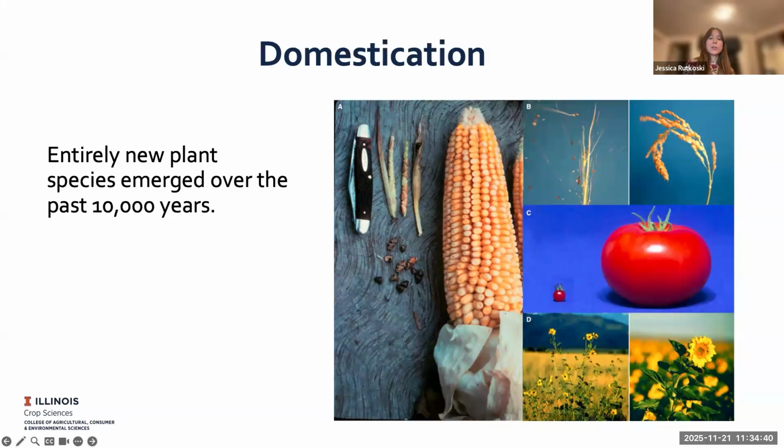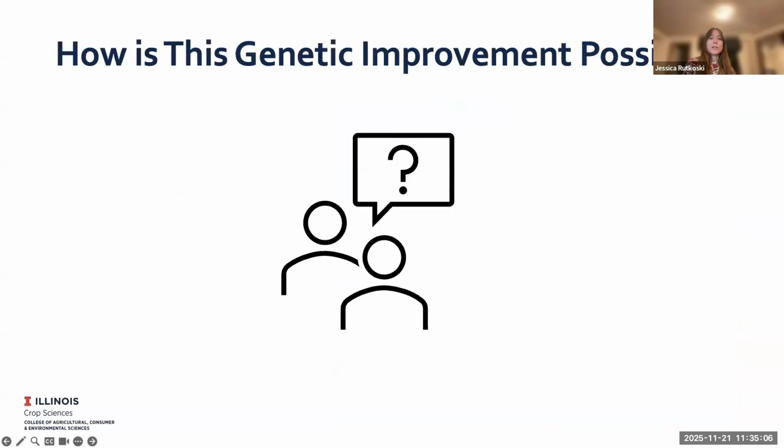So here are some pictures showing the modern crops alongside their wild ancestors. Here, the teosinte with maize, you've got rice and its ancestor, some ancestral tomato versus modern tomato, and sunflower here. We don't often sit back and appreciate that, but it is quite a big achievement and had a huge impact on society.